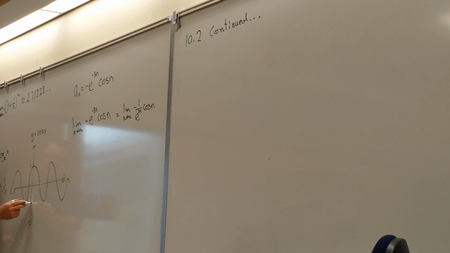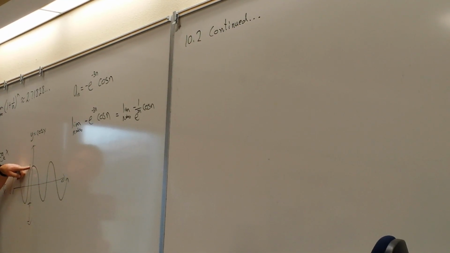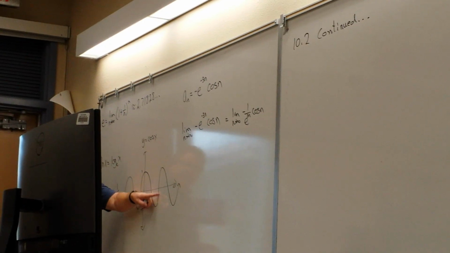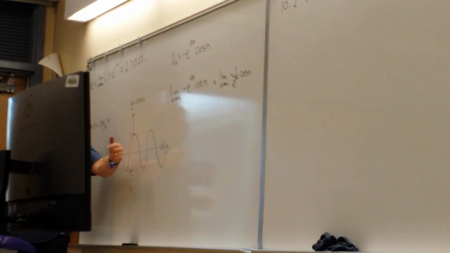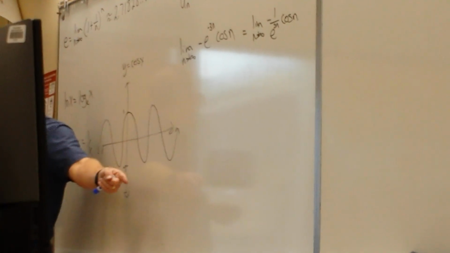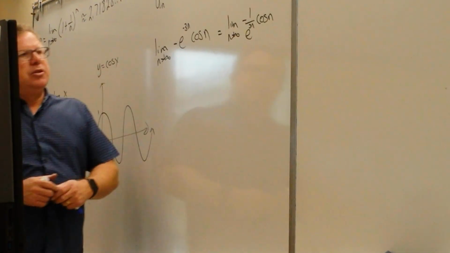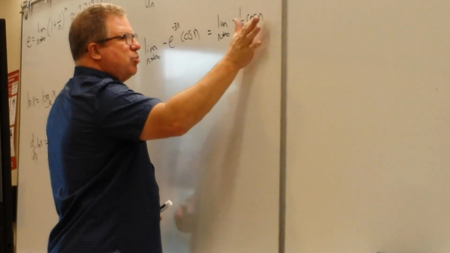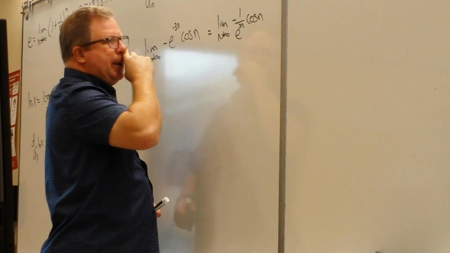And this is 1 and this is negative 1, right? So the cosine values jump between 1 and negative 1. Sometimes they're negative, sometimes they're positive, right? So that piece is always between 1 and negative 1.